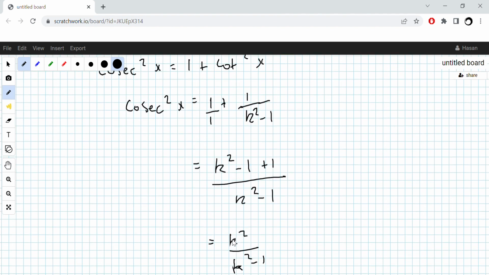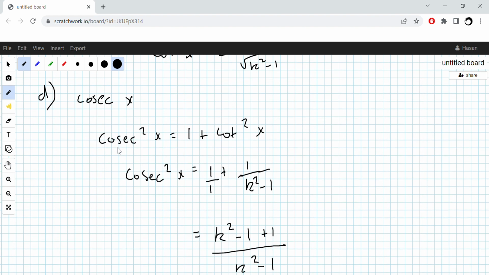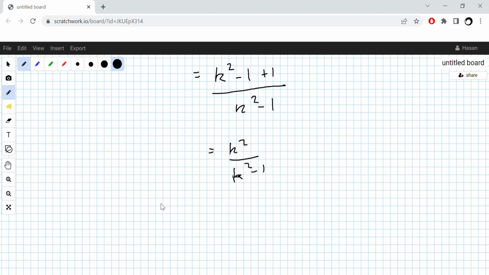And then they wanted cosec x. We right now have cosec squared x. So cosec x equals the square root, which is plus or minus k over the root of k squared minus 1.